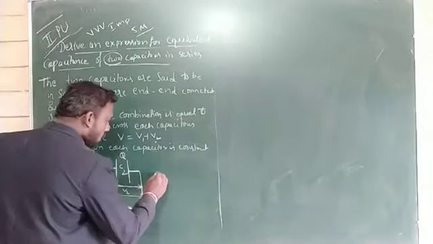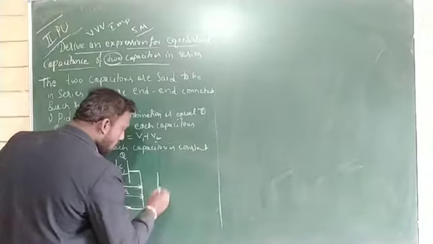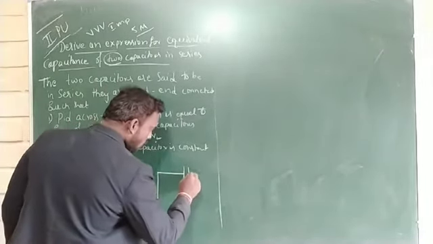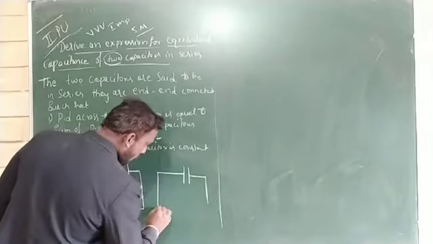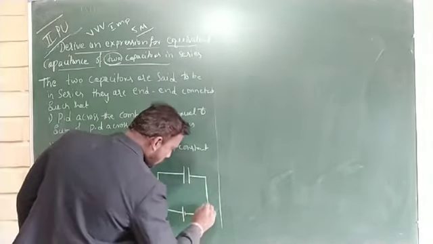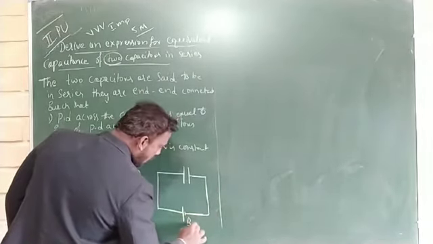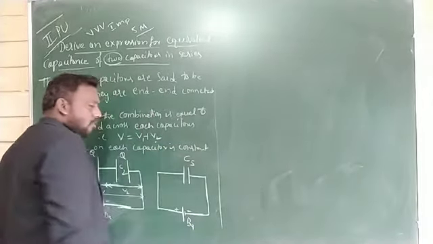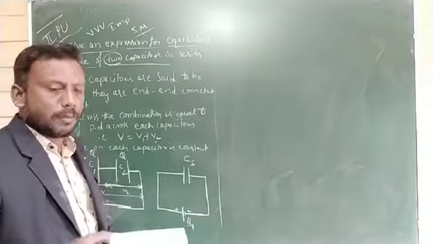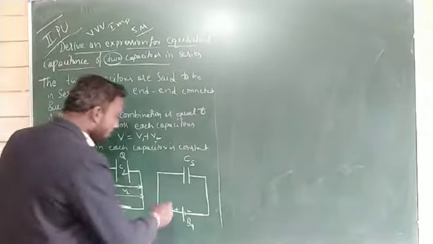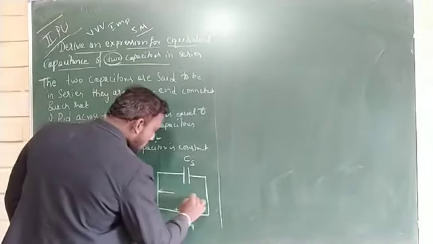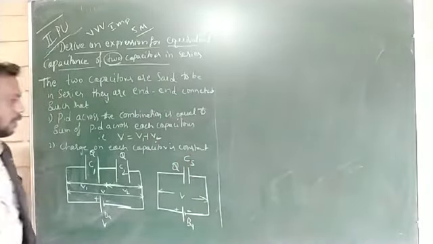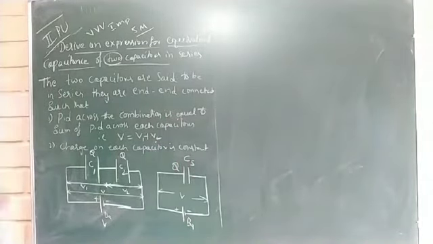And another, the equivalent circuit: this is the battery, and CS is the equivalent capacitance of the capacitors in series. Potential is V, charge is Q. This is the diagram.